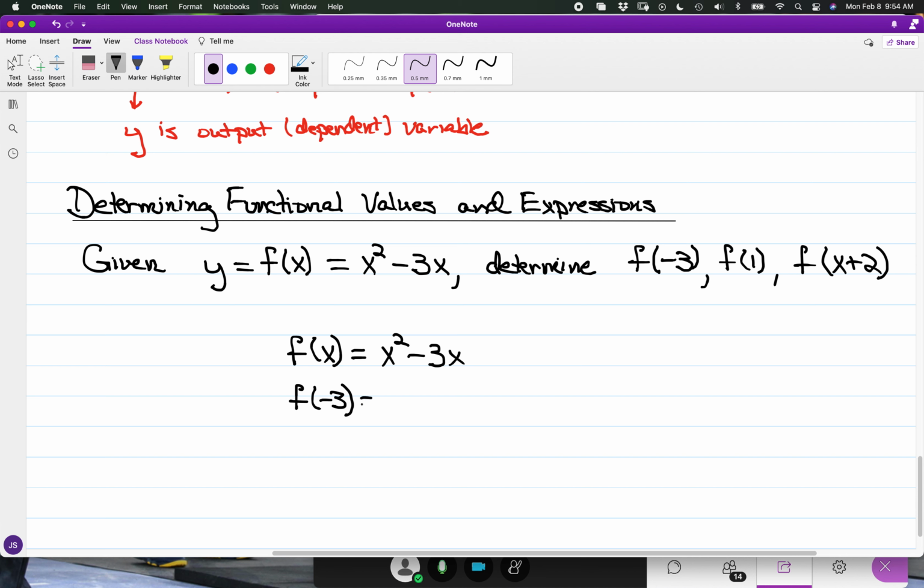In the determination of the output, wherever we see x, we'll replace that with what is inside the parentheses. So x squared becomes the square of negative 3, and we have minus 3x, which will become minus 3 times negative 3. The square of negative 3 becomes 9. Negative 3 times negative 3 becomes another positive 9. And 9 plus 9 is equal to 18.